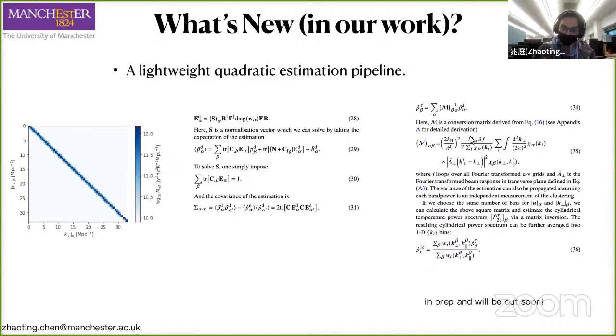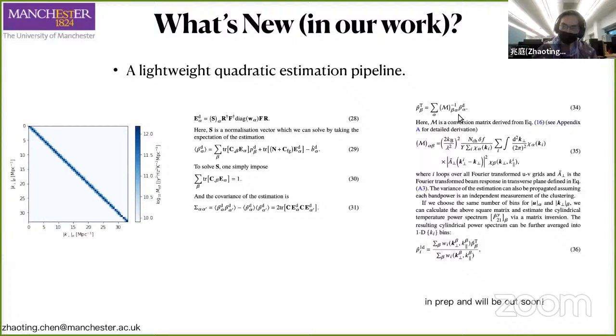The way we do that is to avoid any computationally expensive deconvolution, such as deconvolving the W projection kernel or deconvolving the primary beam attenuation. This is done by using this conversion matrix. You have the usual quadratic estimator to compute the visibility band power.